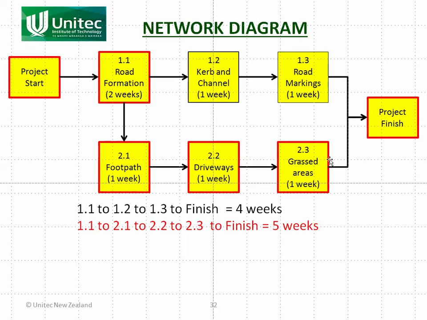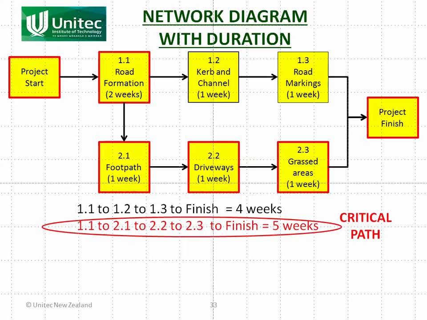This crew here, if they're delayed by a week, the project finish is going to stretch out by a week. So this one here, which is going to take 5 weeks, is what's called the critical path. It's called the critical path because every one of these activities on that path is critical to the completion of the project. If any of them are delayed, then the completion of the project is delayed.